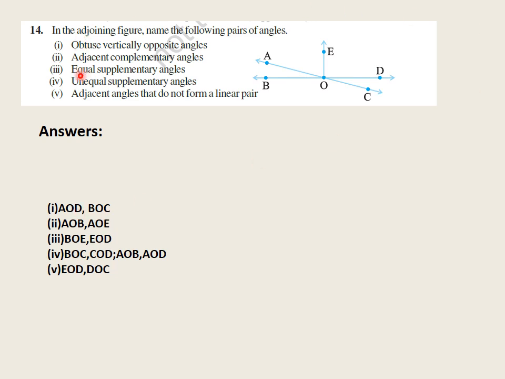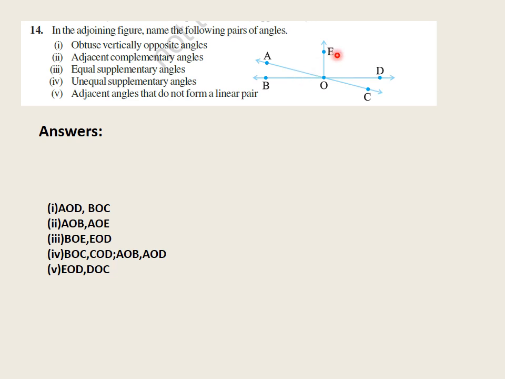Okay. Now next, adjacent complementary angles. Complementary angles means how much you have to get? 90 degrees. Okay. So BOA plus AOE is equal to 90 degrees, and they are adjacent.